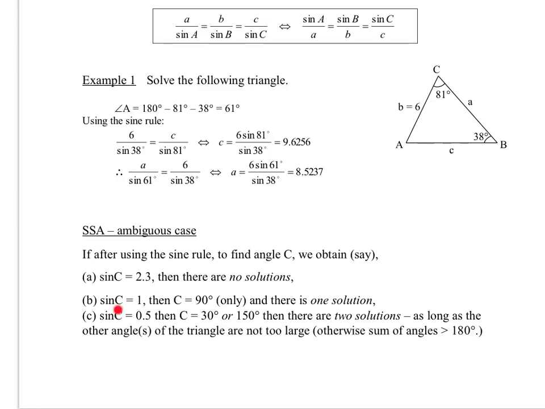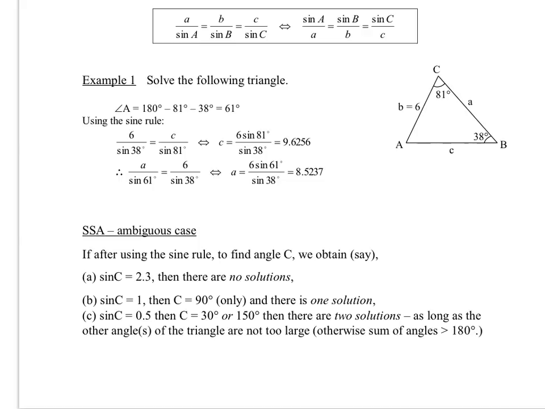If the sine of the angle is equal to 1, well, you can do the inverse sine of 1 and you'll get 90 degrees. That's the only solution. Now, in the other cases, when the sine of the angle is equal to a number that's between 0 and 1, then there are often two possible values. The first one your calculator will give you when you do inverse sine of 0.5 is 30 degrees.